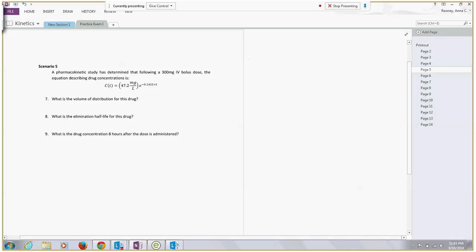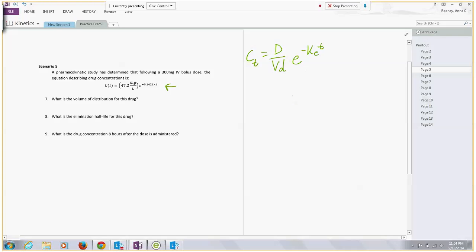So, what is the volume of distribution for this drug? Before I get there, which equation are we going to use? We are going to look at this one right off the bat. That is the equation: the drug dose over volume of distribution equals e to the negative ke t.